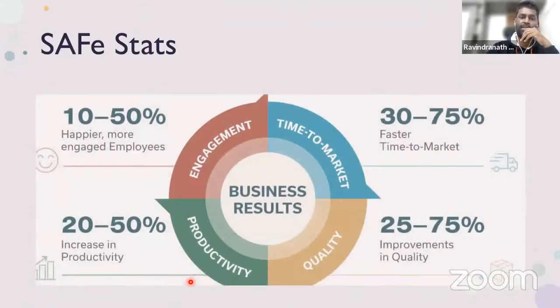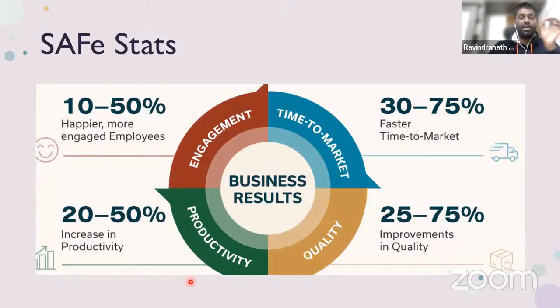In general SAFe stats, you see a 10 to 50% increase in people being happy. There is more engagement among the employees when they are happy. When they are happy, there is productivity improvement from 20 to 50%. When they are working happily, there will be improvement in quality from 25% to 75%.